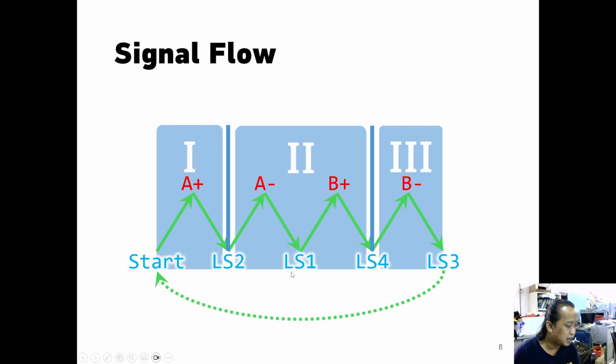After that, LS1 triggers B plus, and B plus makes limit switch 4 detected or active, and then it triggers B minus. Cylinder B is retracted, and it is detected by LS3, and then LS3 resets the whole system, and we have to push the start button again.